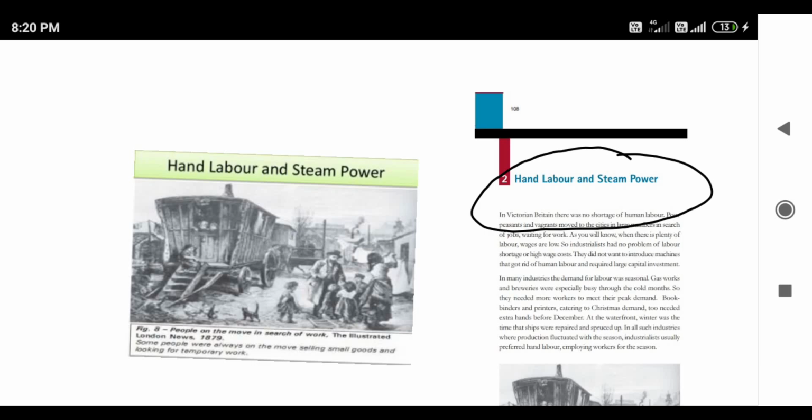The workers were available in abundance, and the laborers were available in the market. The laborers were willing to work in low wages. Why so? It was because of the competition between the laborers.